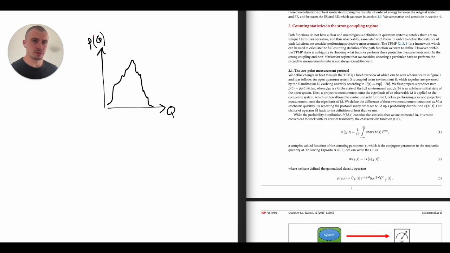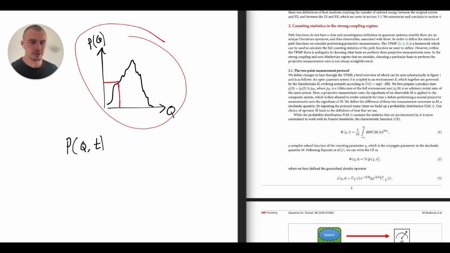What this distribution tells us is how much probability is associated with a given value of heat transfer. So this is the thing that we're interested in finding, but it turns out that finding this thing is actually very hard. So finding the probability distribution of Q after some time is difficult to do.